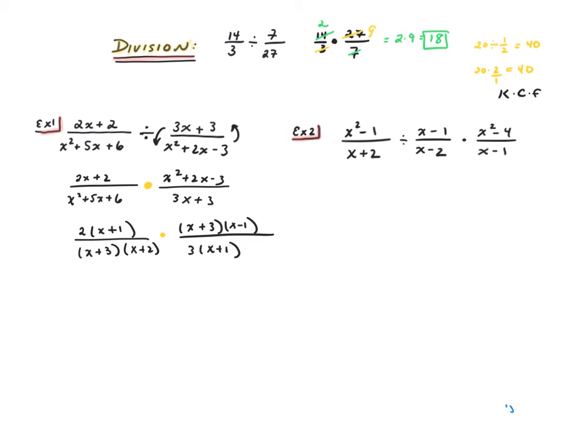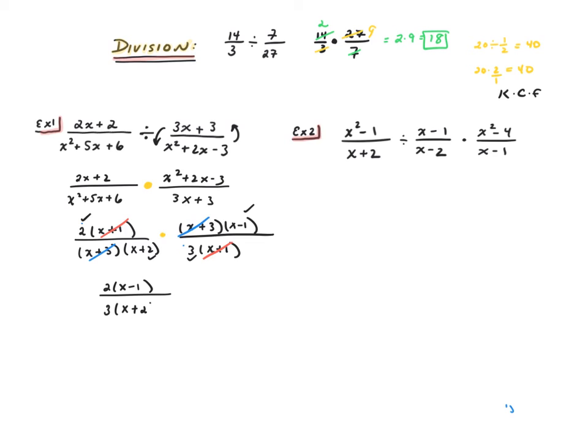So this one wasn't too bad to factor. I took out some GCFs, I had some trinomials, and let me look for matches. This is my favorite part. So I have x plus 1s, that's a match. I've got x plus 3s, the 2 and the 3, that doesn't reduce, so that's done. So now I'm just going to multiply what's left. 2 times x minus 1, x plus 2 times 3.